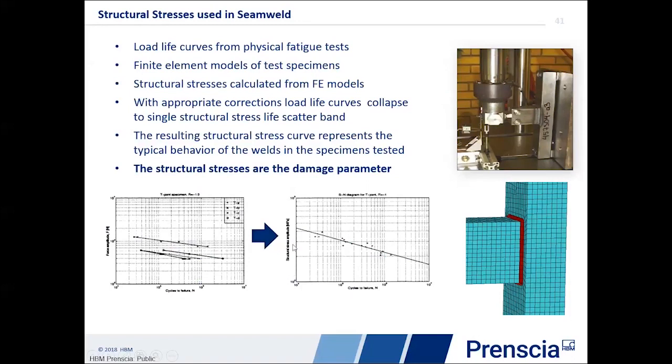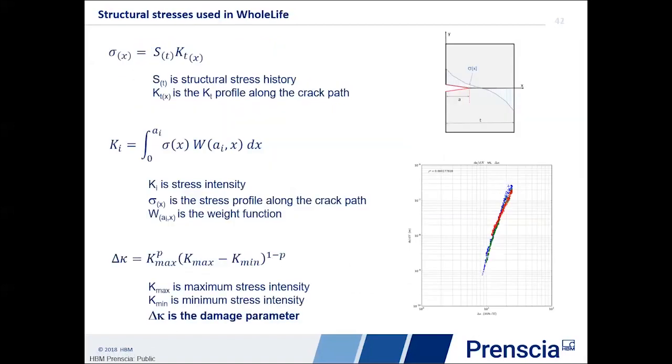And this SN curve is not material. It's not weld material. It's actually the behavior of an unimproved MIG or MAG weld in steel. Again, it's generic. It can be used against any weld with the overconservatism.